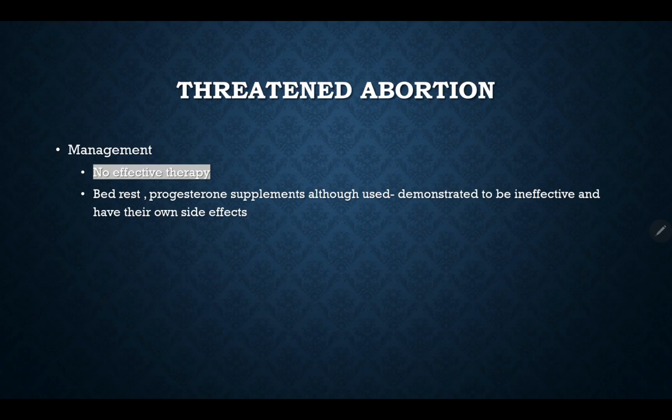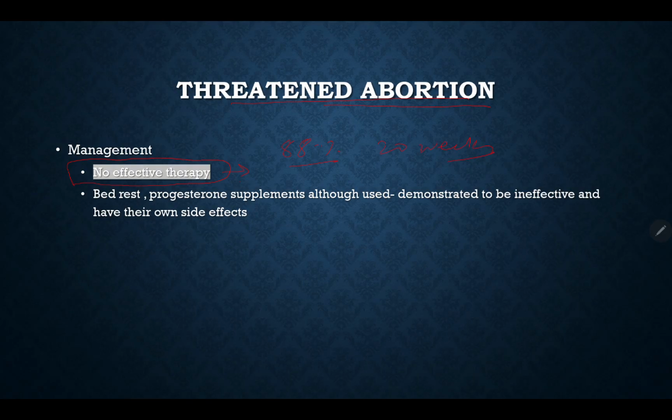Now coming to the management, what I would like to stress, even for clinicians, is that to date there is no effective therapy for threatened abortion. We write so many things, we write injections, we write multiple progesterones, but to date there is no effective therapy, and we have already seen that almost 88% of pregnancies continue beyond 20 weeks gestation in such women.